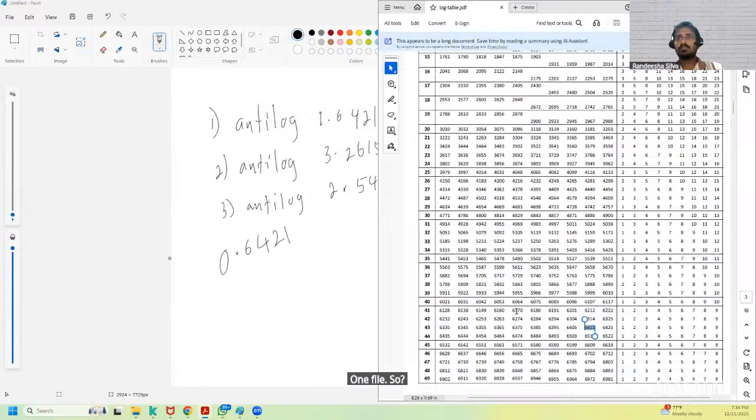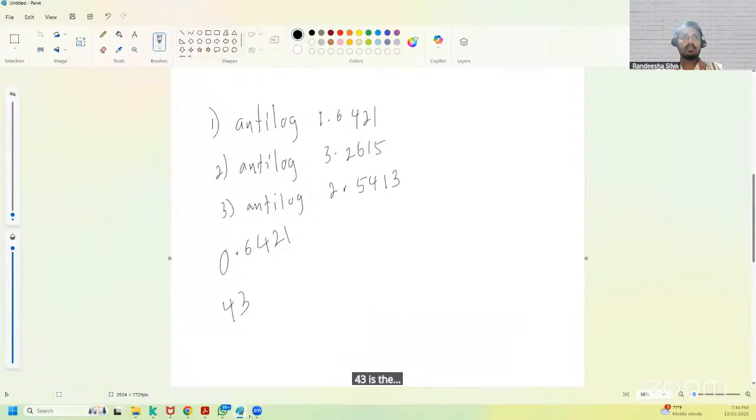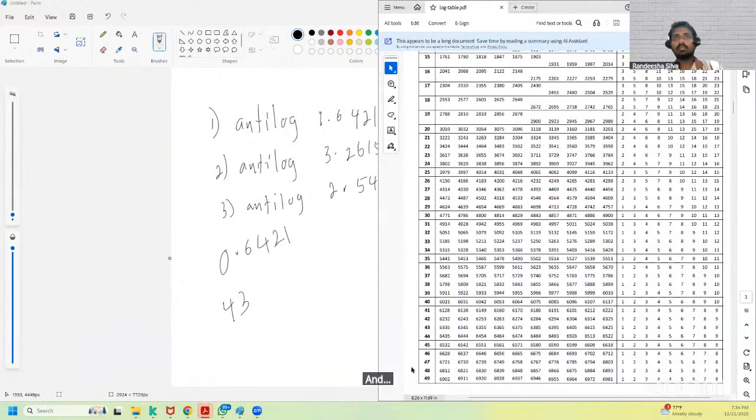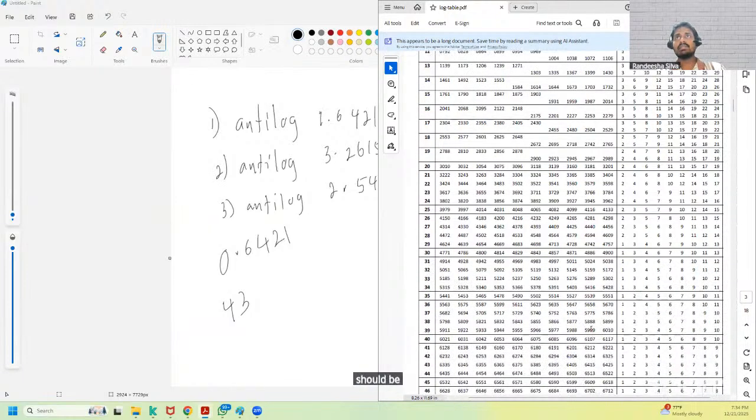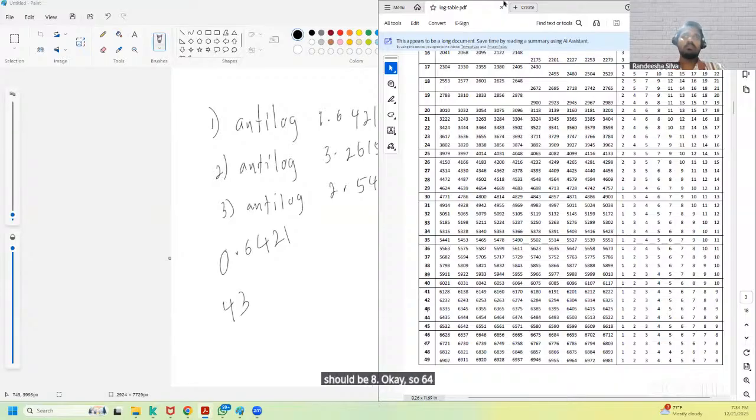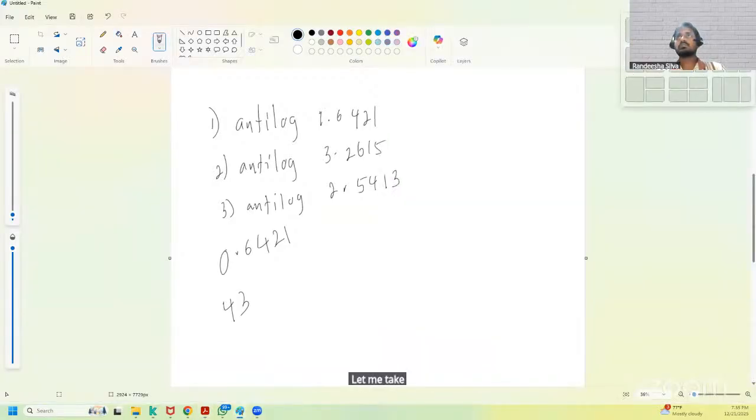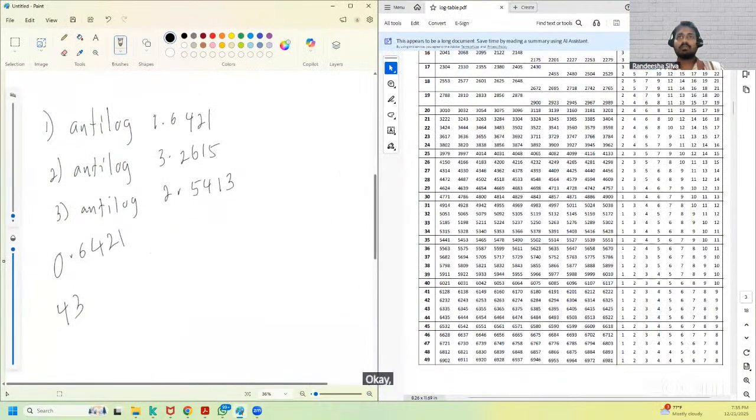So 6415 is here, but then we have to recognize the row number and column number. 43 is the row number for 6415 and the column should be 8. So first it's the row number, then the column number, and the four digits will be the mean difference.